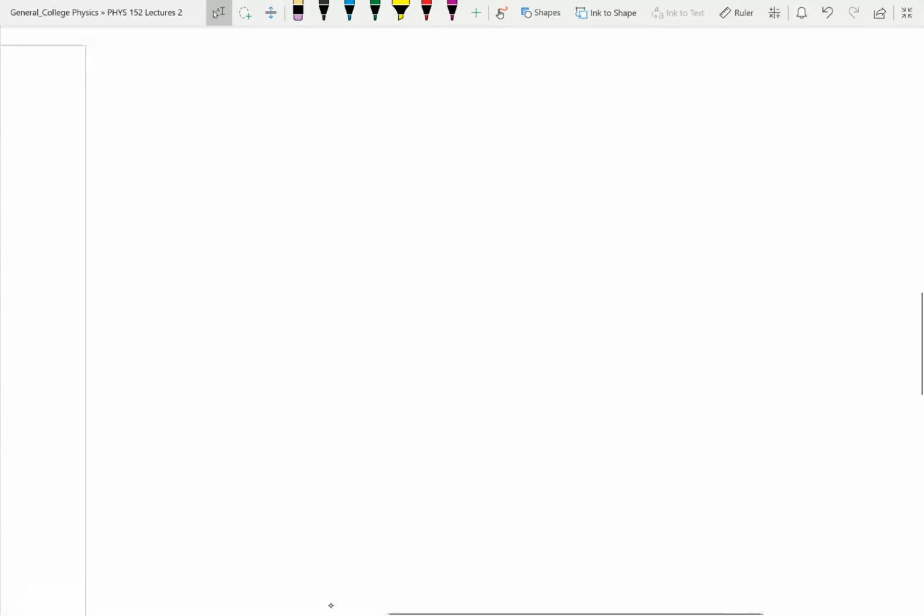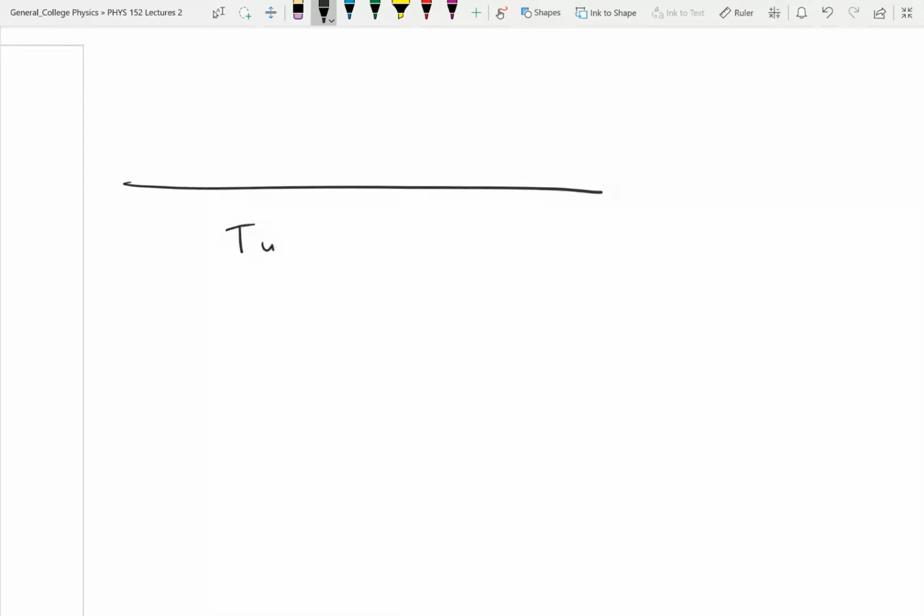So I'm going to start by just drawing a picture. Here's my tungsten, and I have my laser light coming in. So this is E equals HF. And that light comes in and it finds this lonely old electron down here.